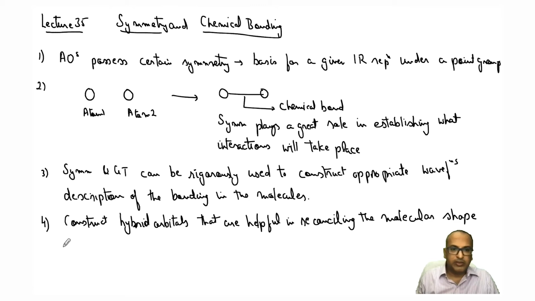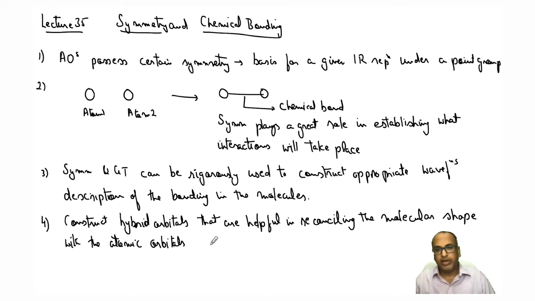Hybrid orbitals will be constructed with the atomic orbitals. For example, 1 s and 3 p orbitals combine to give 4 sp3 hybrid orbitals that are oriented along tetrahedral geometry in carbon CH4, right?